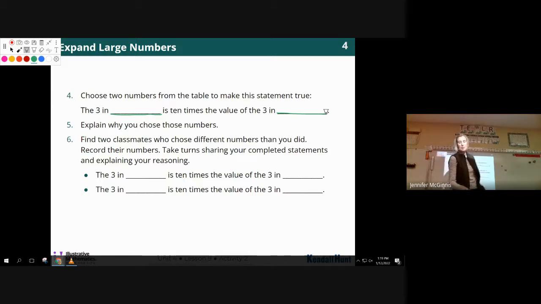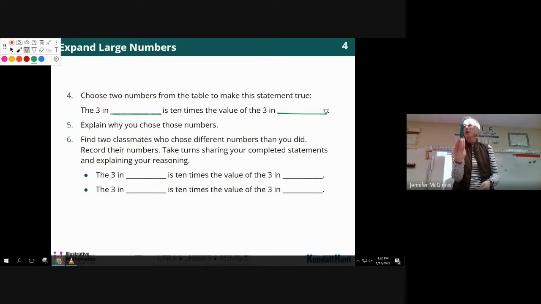When we're talking about 10 times the value, remember that in the ones place, you have this. In the tens place, you have 10 ones. So 1 times 10 equals 10. This digit is going to be 10 times the value of this digit. If I have 2 of these, times 10 would give me 20.